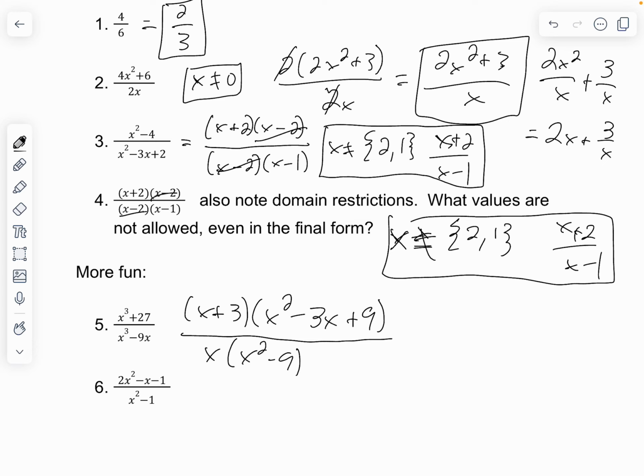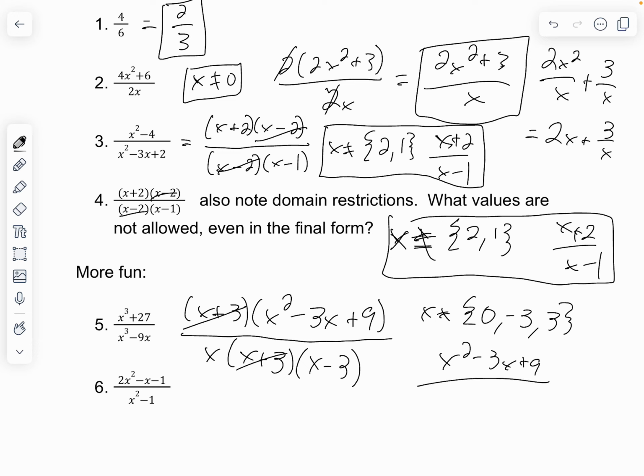That's x plus 3 times x minus 3. So I'm just going to get rid of that x squared minus 9 and put in an x plus 3 and an x minus 3. So domain restrictions, x can't be 0, -3, or 3. And our final answer, if we cancel out the x plus 3's, is x squared minus 3x plus 9 over x times x minus 3.